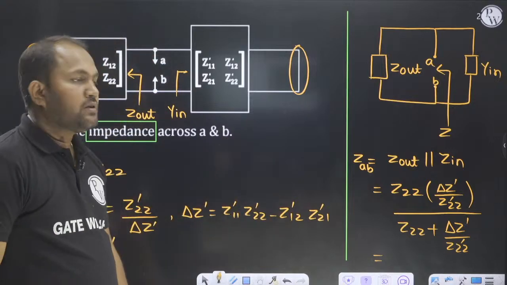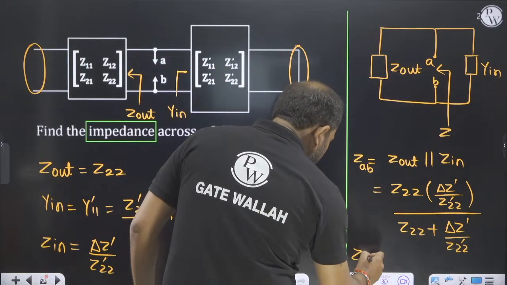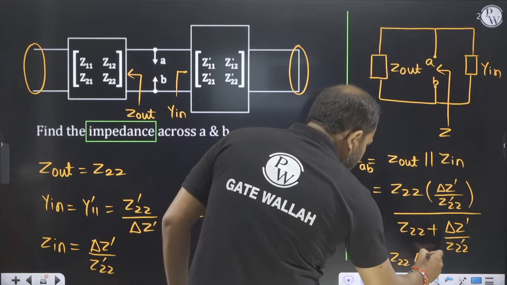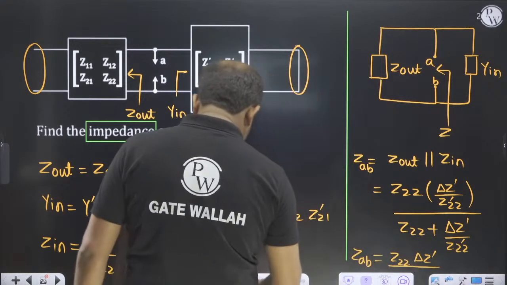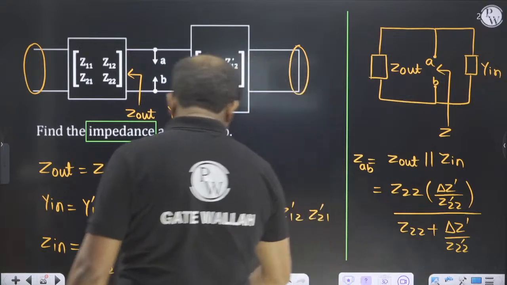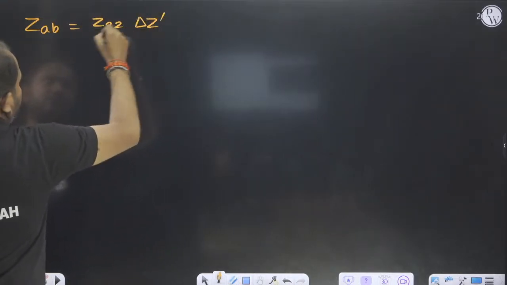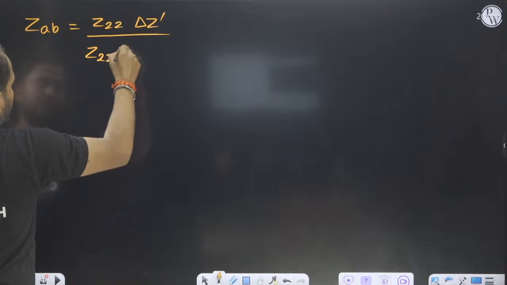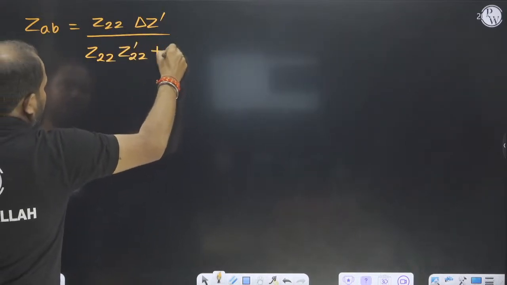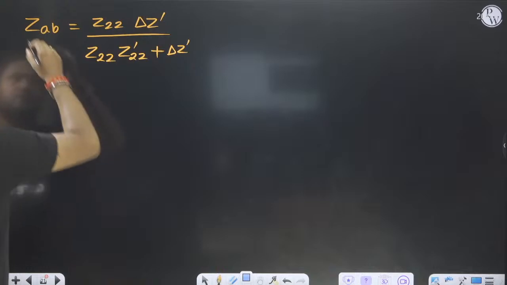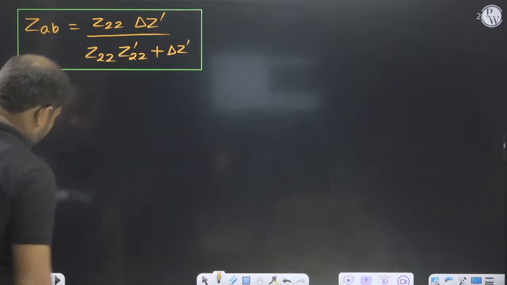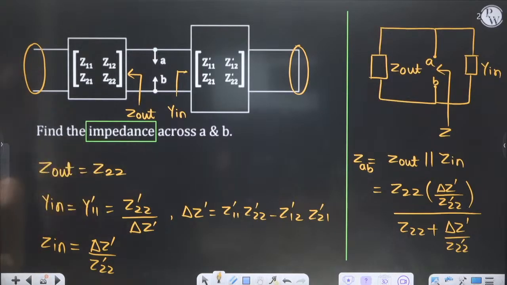So ZAB will be written as Z22 delta Z dash upon delta Z. So ZAB will be equal to Z22 delta Z dash upon Z22 dash plus delta Z dash. This is the ZAB. It's very easy.